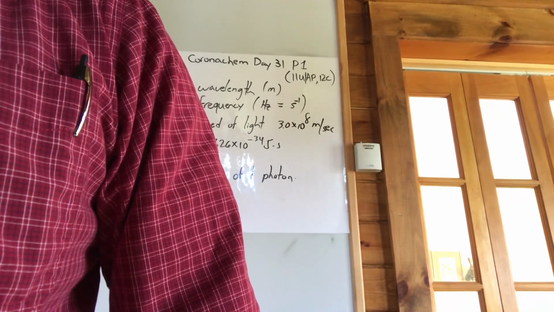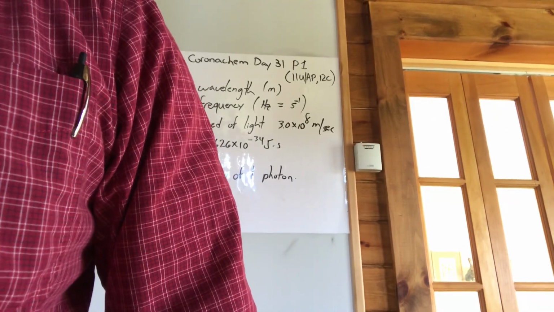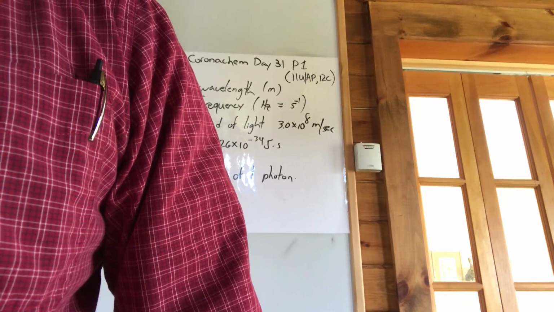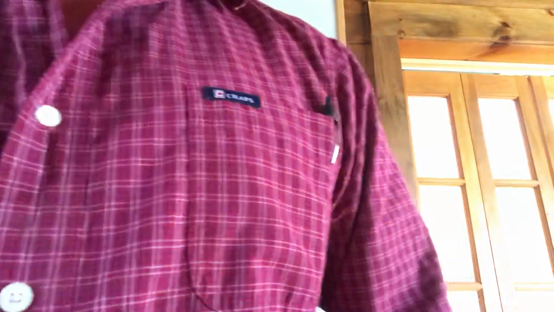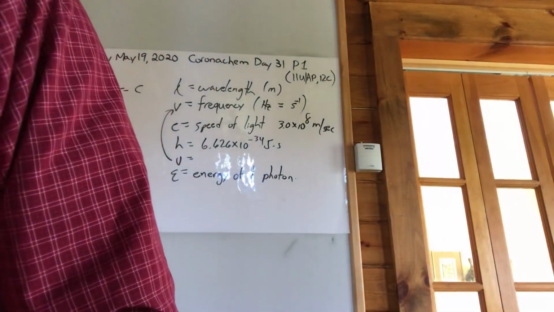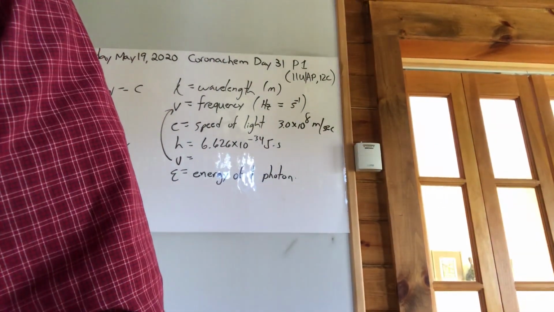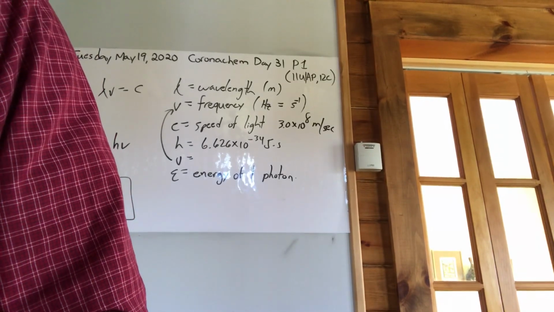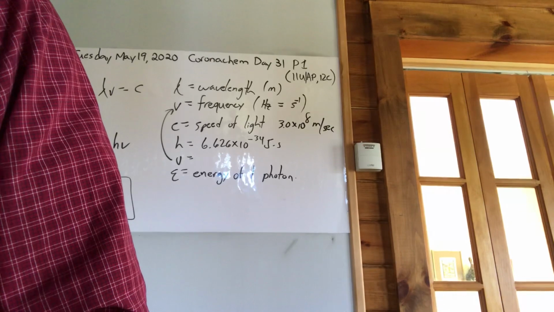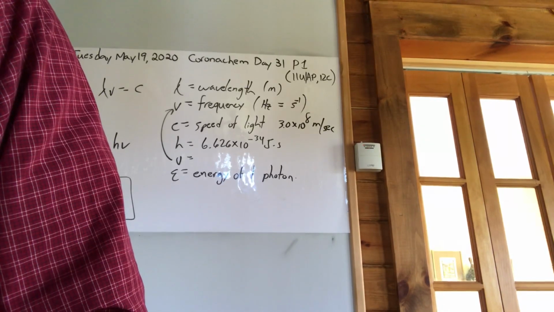The maximum wavelength of light that can cause this reaction is 335 nanometers. A. In what part of the electromagnetic spectrum is light with this wavelength found? And B, what is the maximum strength of a bond in kilojoules per mole that can be broken by absorption of a photon of 335 nanometers of light?